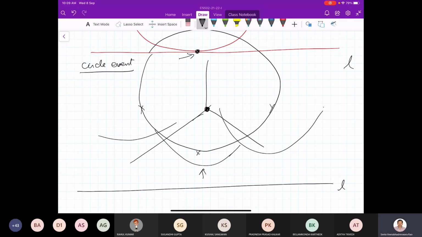So whenever this new sequence of three consecutive parabolas is formed, you have to check whether those three define a circle event or not. How can we check? Take the circumcircle of the three sites corresponding to these parabolas, and the sweep line should intersect with this circle.